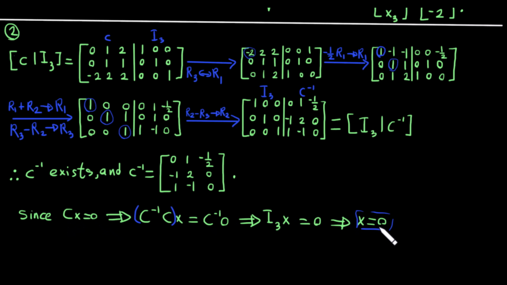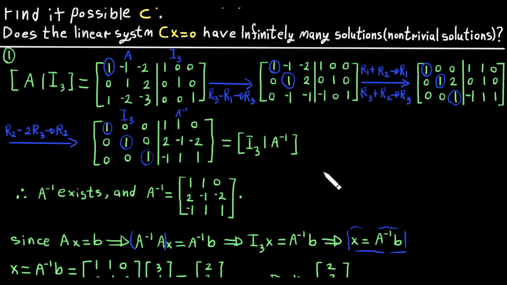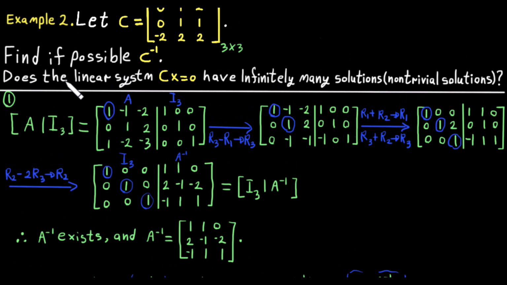So the question was, does the linear system Cx equal to 0 have infinitely many solutions? You have to say no, it does not, because you get a unique solution. You can say a unique solution or a trivial solution, but not infinitely many solutions.